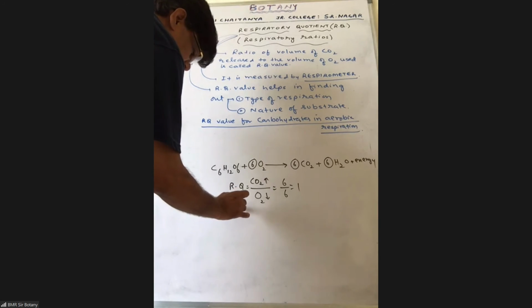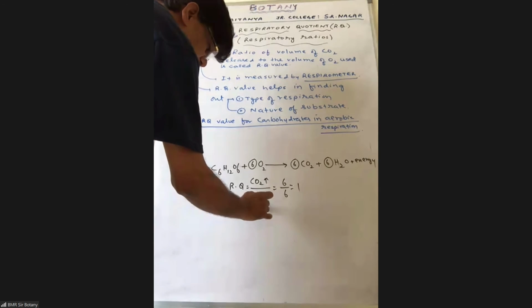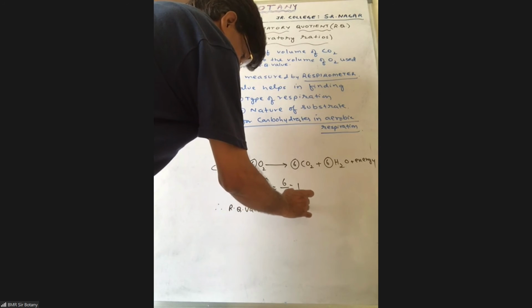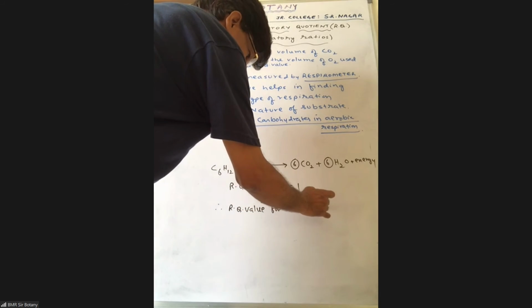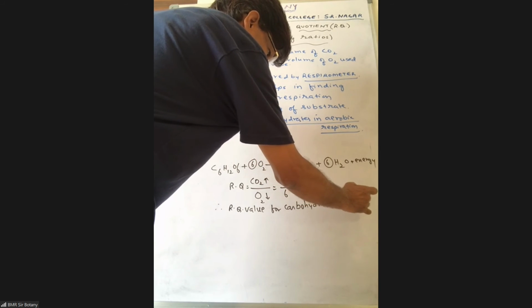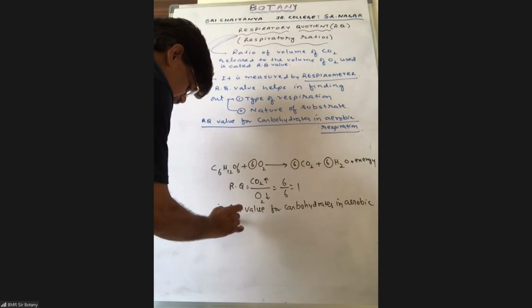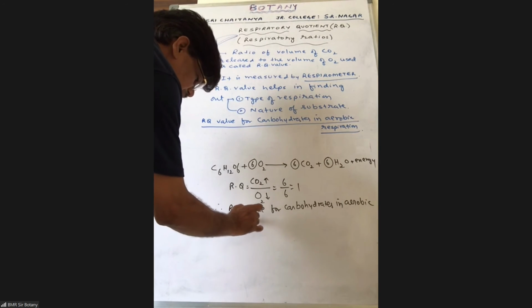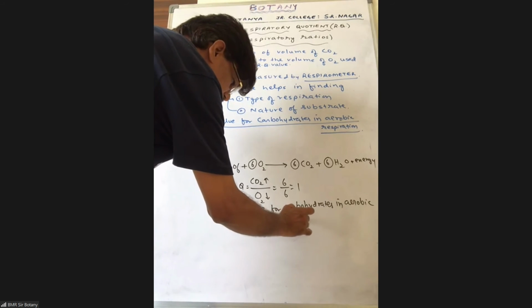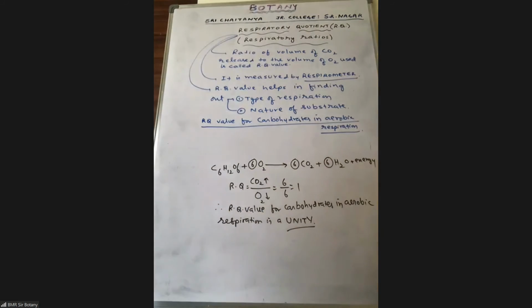Therefore, RQ value for carbohydrates in aerobic respiration is unity, in terms of mathematics.